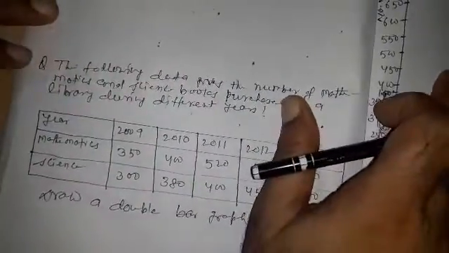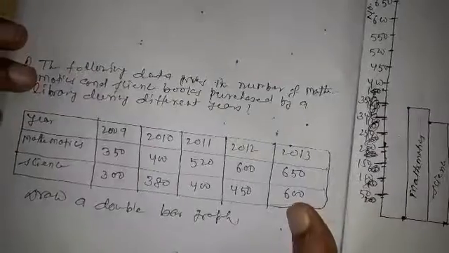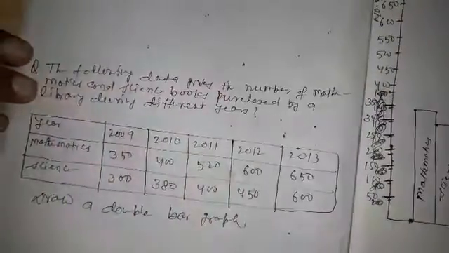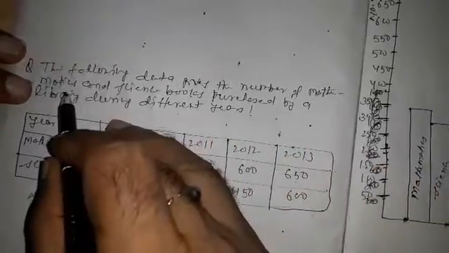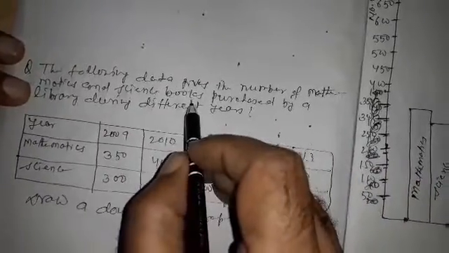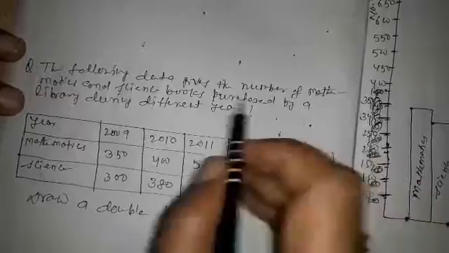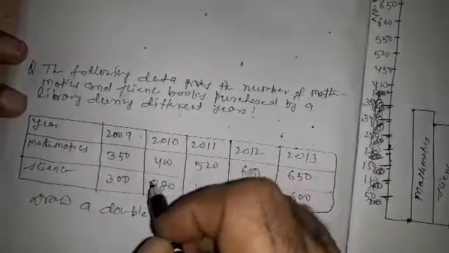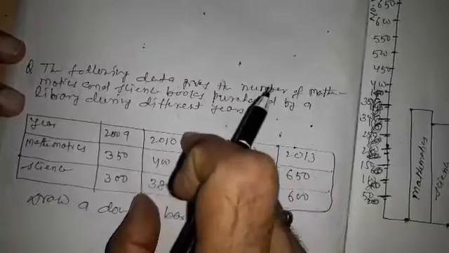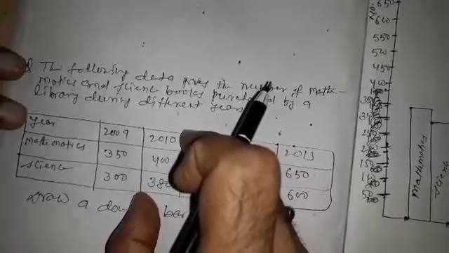Now the next question: the following data gives the number of mathematics and science books purchased by a library during different years. This data represents a double bar graph.